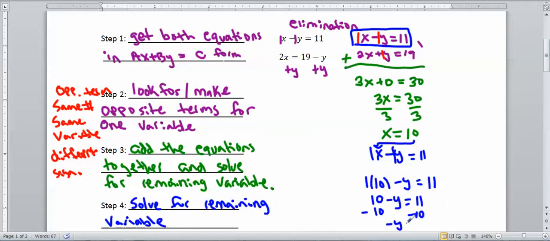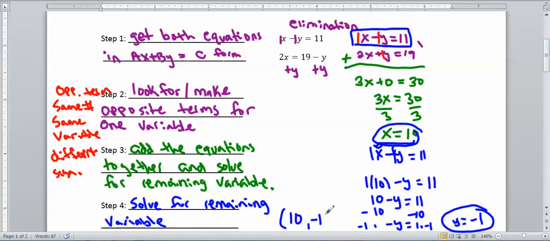It's negative y is equal to 1. Okay, and then multiply both sides by negative 1 to solve for y. So y is equal to negative 1. Okay, so my x is 10, my y is negative 1, so my final solution is 10, negative 1.